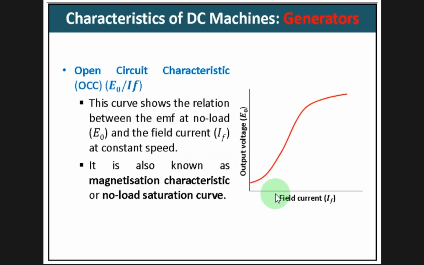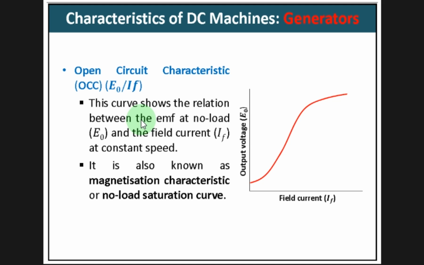When you increase the field current, initially, even though the field current is 0, if the generator is rotating, it will generate a small voltage. Then when you increase the current, the generated output voltage will go up, and after one point the output voltage becomes almost constant even though you increase the field current.